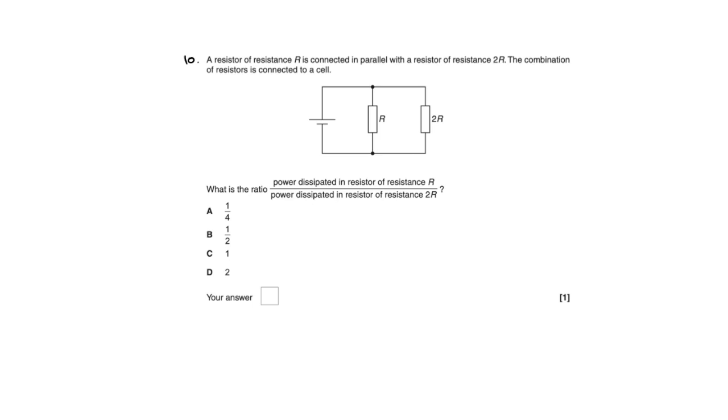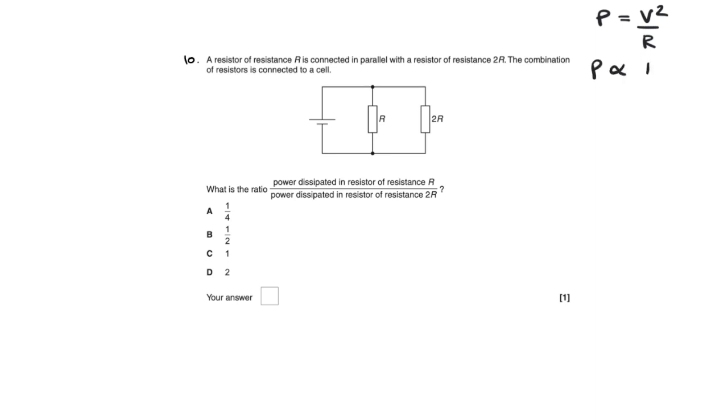For question number 10, we are given 2 resistors in parallel, and we are asked to work out what the ratio between the 2 powers is. For this, we need the relationship between resistance and power, and there are quite a few of them, but the one that I am particularly interested in is power is equal to V squared over R. The reason why I'm using this is because V is constant, as this is a parallel circuit.